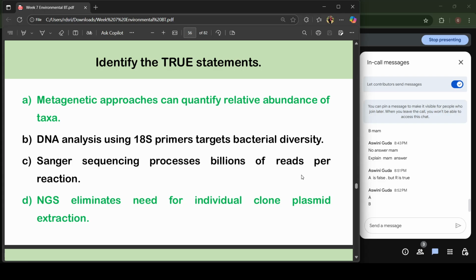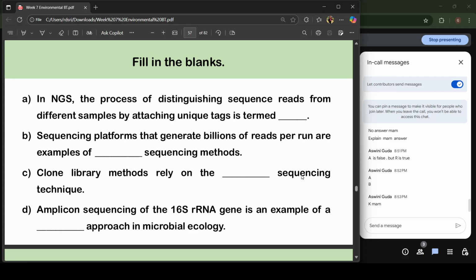That is true. DNA analysis using 16S primers only targets bacterial diversity. 18S primers are for eukaryotes. So that is why the second statement is false. Sanger sequencing processes billions of reads per reaction. No, that is false. Next generation sequencing is that way. NGS eliminates the need for individual clone plasmid extraction. It does eliminate the need for individual clone plasmid extraction. So this thing we do only in the traditional sequencing. I hope that was clear.